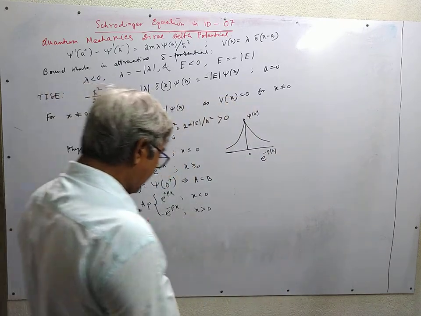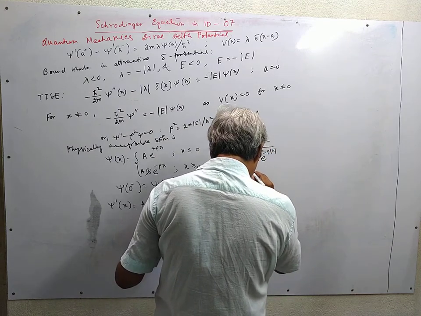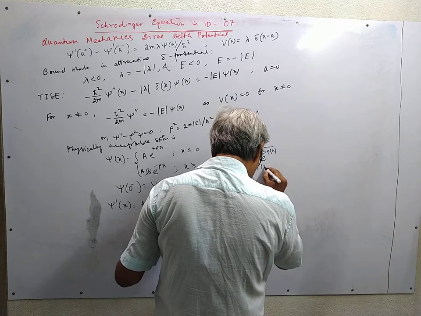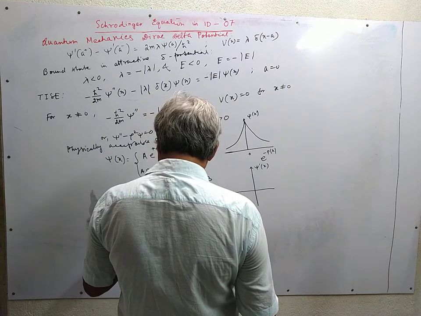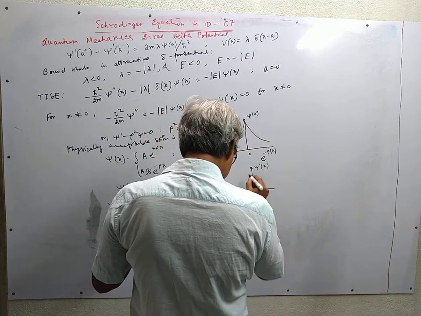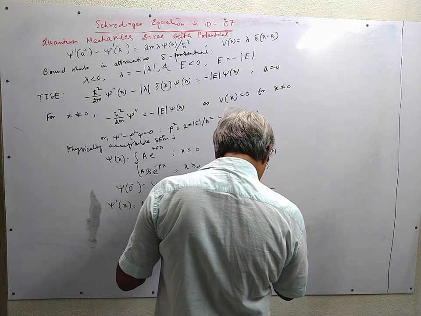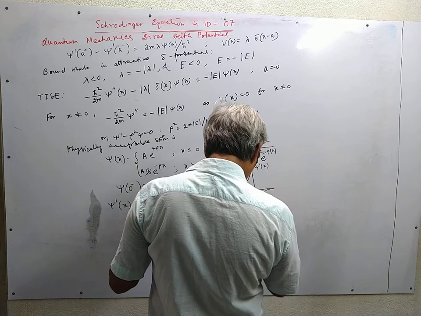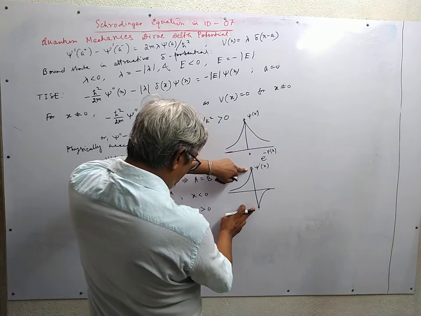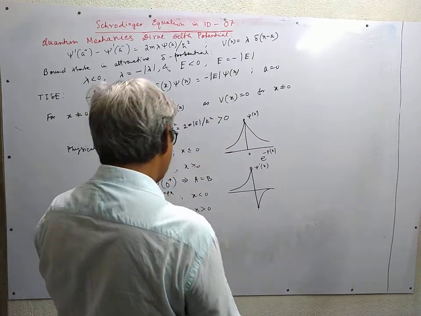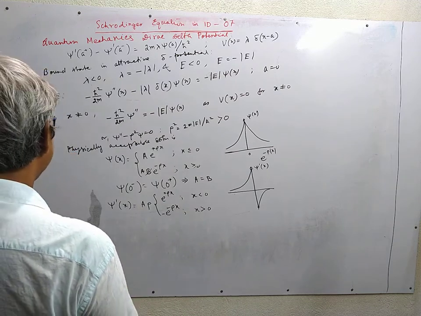And if we come to the first derivative of the wave function, then a rho, both are positive, this is a rho, this is minus a rho, and this is the amount of discontinuity in the first derivative of the wave function.